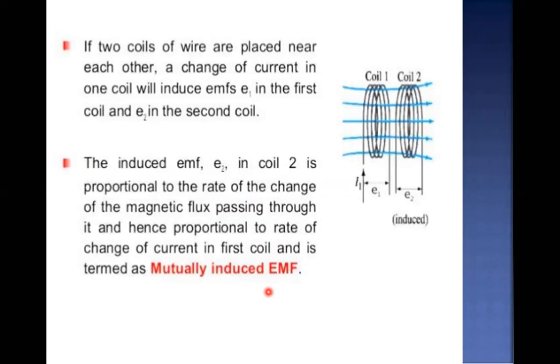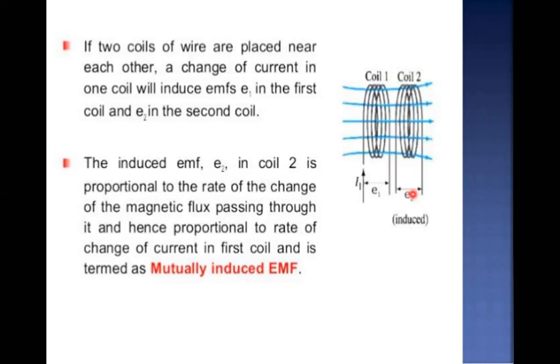Now if you assume two coils placed near each other, a change of current in one coil will induce EMF E1 in the first coil and E2 in the second coil. So if you take one coil and apply an alternating current to it, then surrounding this coil there will be a varying magnetic field, and if in that vicinity you place one more coil, coil 2, an induced EMF will be set up in the secondary coil, and we can see that current is flowing in the secondary coil.